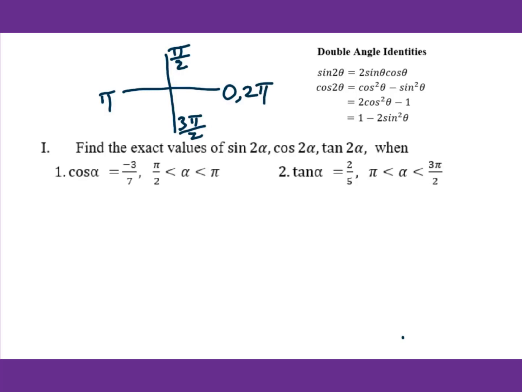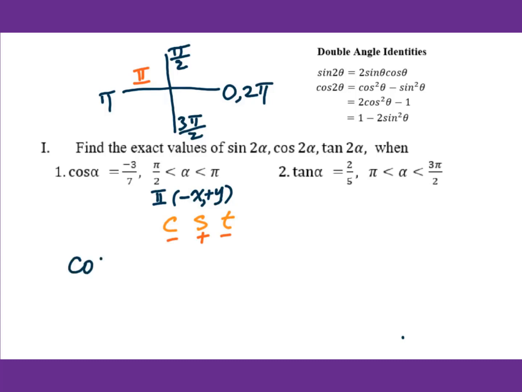So alpha between pi over 2 and pi is the second quadrant. Coordinates will be negative x, positive y. CST: sine is positive, the other two are negative.